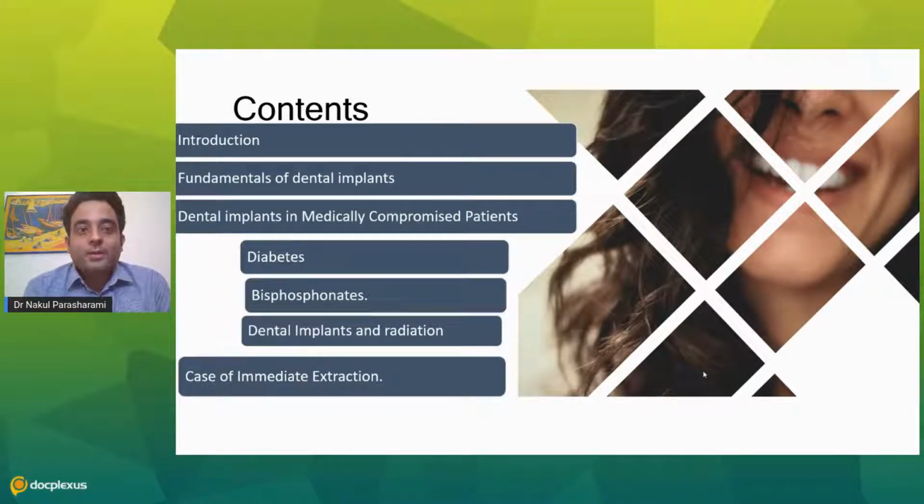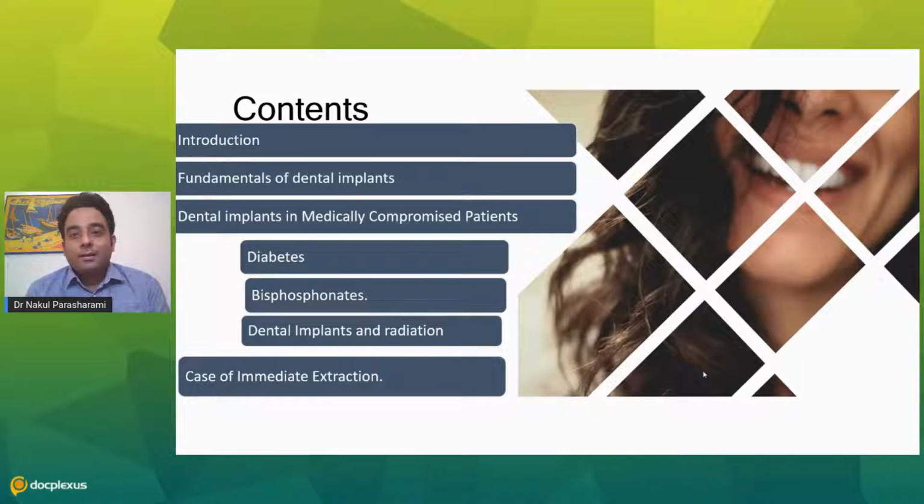So today's topics I will be covering are the fundamentals of dental implants, and how dental implants can be placed or should not be placed in patients who are diabetic, who are on bisphosphonates and radiation. Also, I will be sharing one of the cases that we routinely do in our dental clinic.